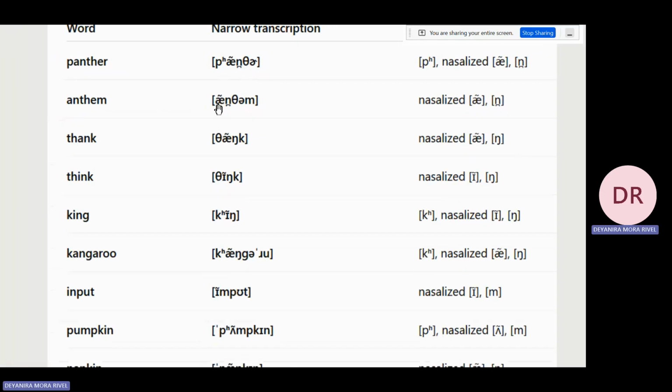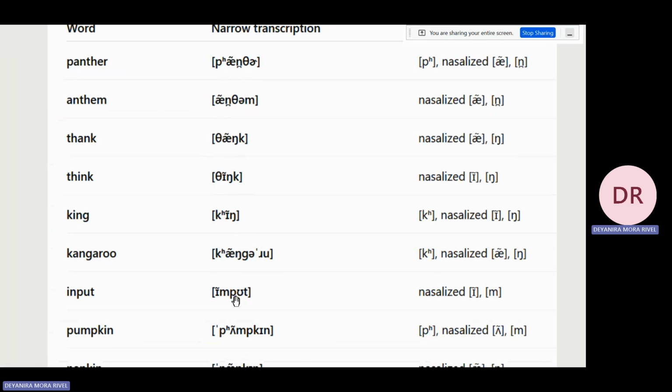nasalization. Anthem, digraph also. Thank, before a velar N. Think, before a velar N. King, also before a velar N. Kangaroo, before a velar N also.